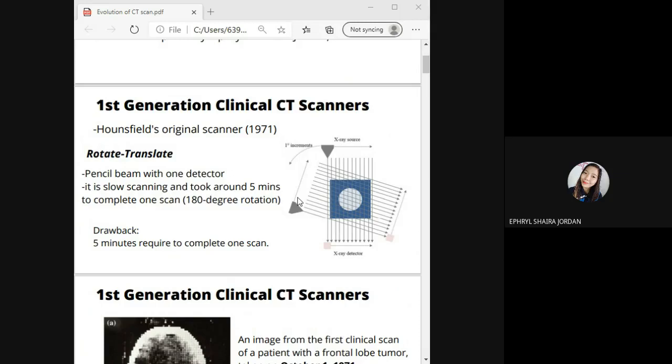The drawback for this generation of CT scan is a very long scanning time. It would take 5 minutes. 5 minutes is required to complete one scan, so very long. However, this generation of CT scan is very efficient in rejecting scattered radiation.